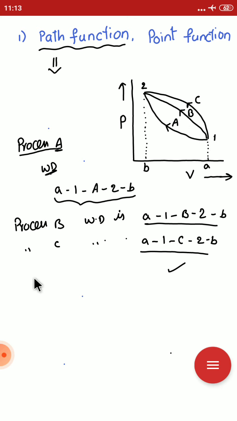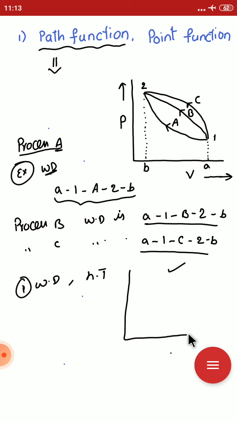The example of the path function is the work done, and the heat transfer. On the TS diagram, the area under the curve represents the amount of heat transfer from 1 to 2.